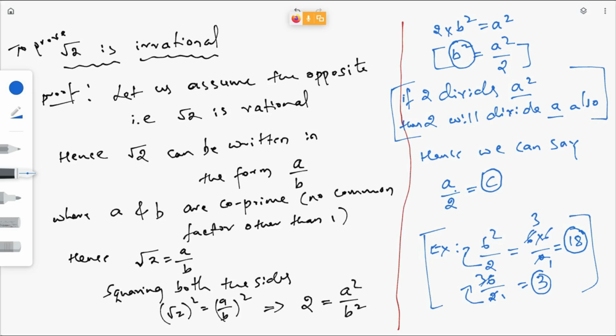It means 2 into some number is a. So here that number is c. 2 into c is a. Yes or no? We can write this as a is equal to 2 into c. 2 into some number is equal to a. Any doubts?